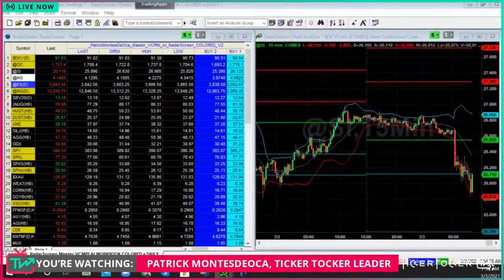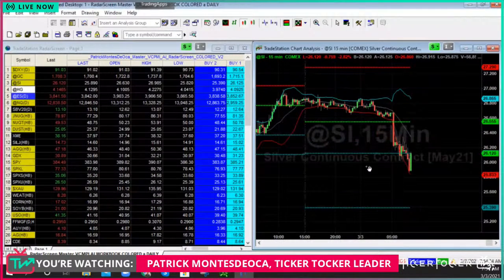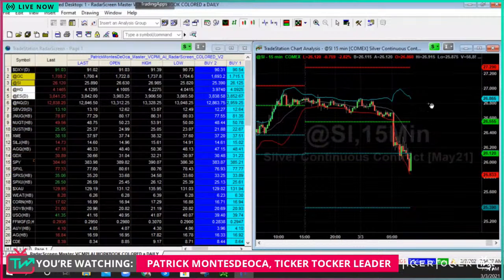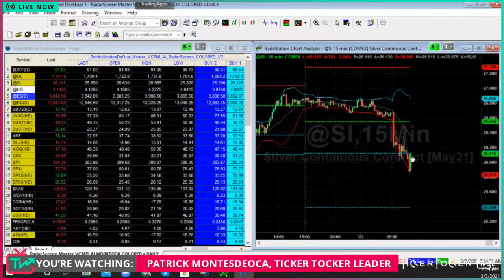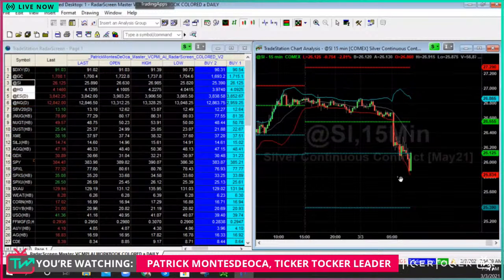We're getting some good bidding on gold and silver here, reverting back down from this new low that we made here. So what you have seen here, ladies and gentlemen, is the resolution of the variable changing price momentum indicator, artificial intelligence, essentially, which is written in C++, EasyLanguage in TradeStation.